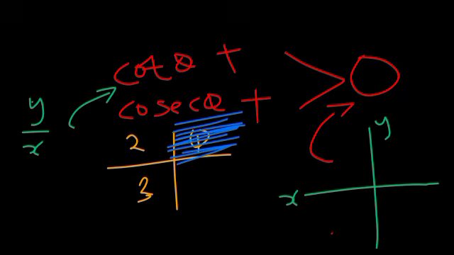And cosec theta, it is related to sine theta. So here, sine theta is positive and sine is denoted by y.